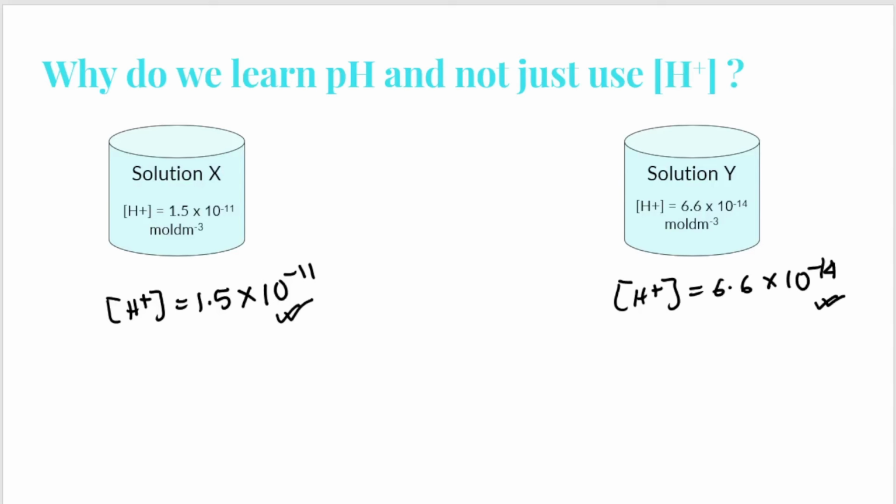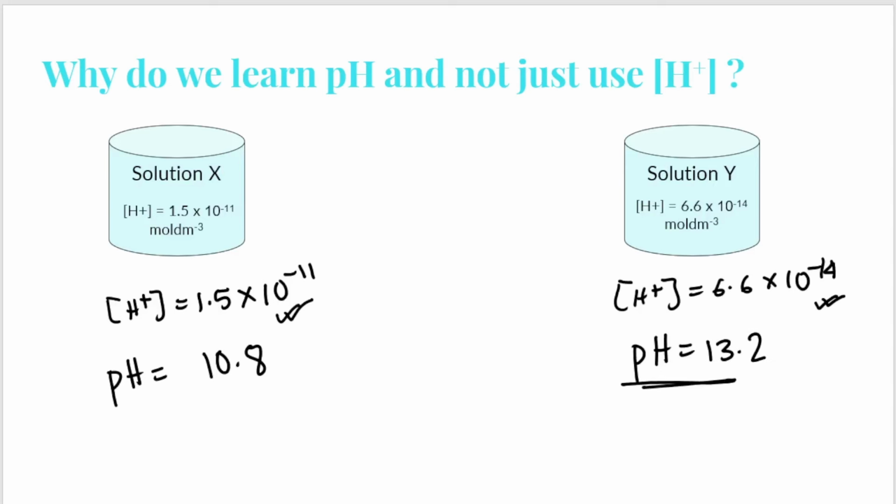So we found a way to represent the hydrogen ion concentrations in a simpler format, a format that helps us change these values to a manageable number, where the pH value of this solution is 10.8 and the pH value of this solution is 13.2.